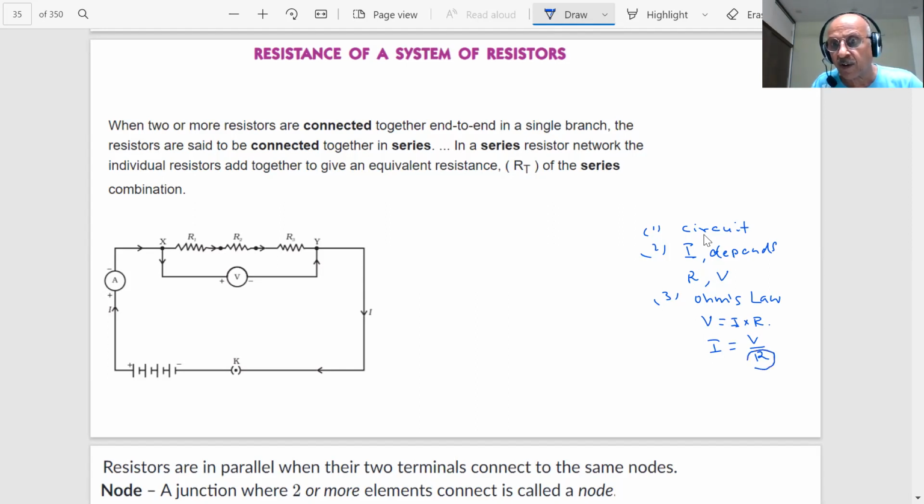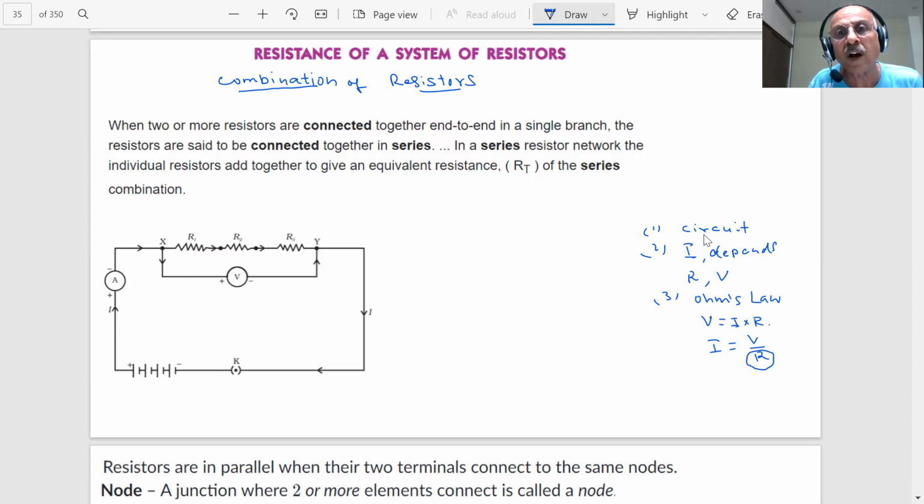Now in this lecture, students, we will see that we can vary the current by connecting resistances in different combinations. What we are going to talk about is the combination of resistors in a circuit.